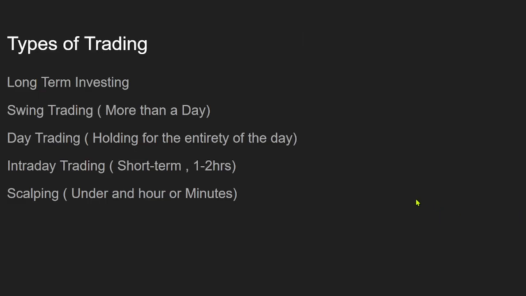Types of day trading. Okay, so you have long term. This is your buying and holding. Maybe you have a portfolio or a 401k if you're a bit older, or these are things you're looking to invest long term for retirement or to profit from at a very long later date. So long term investing.